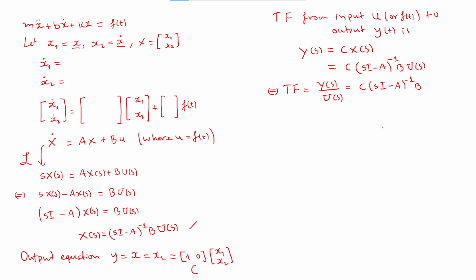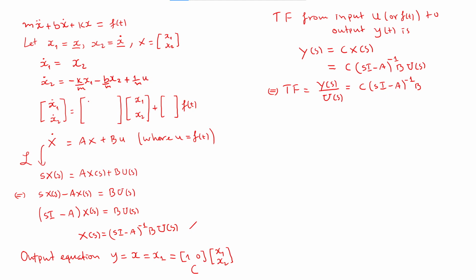So now let's finish up here: what is A and what is B? Because h1 dot of t equal to h2, and h2 dot equal to minus k h1 minus b h2 over m, plus 1 over m times u.